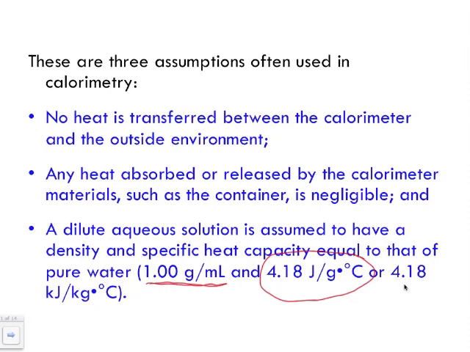Notice here 4.18, but it's in kilojoules per kilogram. We made the conversions. Remember, for every 1 kilojoule there's 1,000 joules, and for every 1 kilogram we have 1,000 grams.